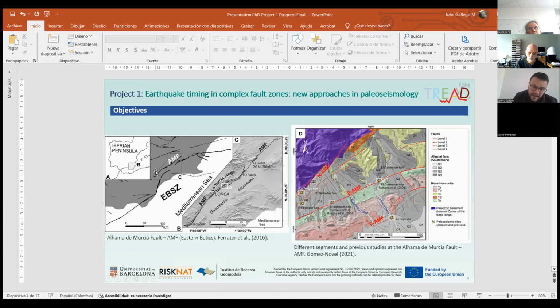Here we have the Lama de Murcia fault, about 90 kilometers long, and this fault has different branches regarding its deformation. Several studies have been done there by the University of Barcelona and the RISNA group. With the yellow stars we see some of the paleoseismological sites. The idea is to focus on El Saltador because this is one of my study areas.